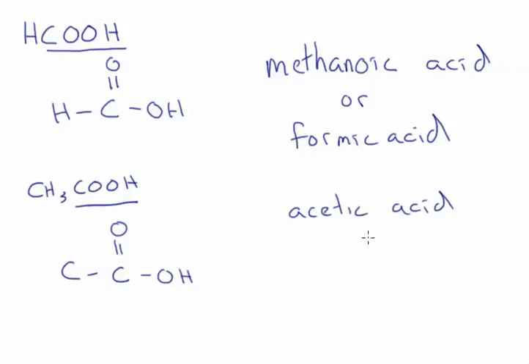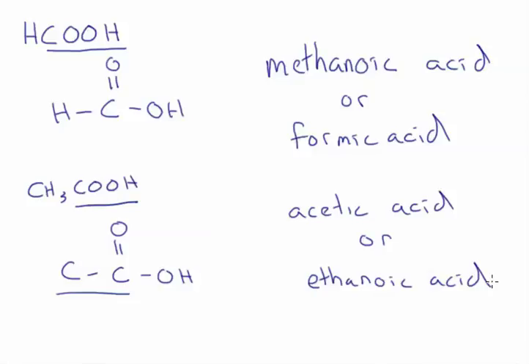This has a carbon chain of 2 carbons, so it's ethane. The E is dropped, so we have ethanoic acid. And I'm sure you have never heard that term before. We've talked about acetic acid quite a bit. We've never called it ethanoic acid. But I want you to make sure that you understand the IUPAC rules. And for this, I would accept either name.